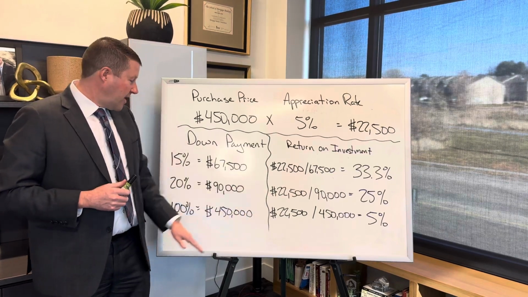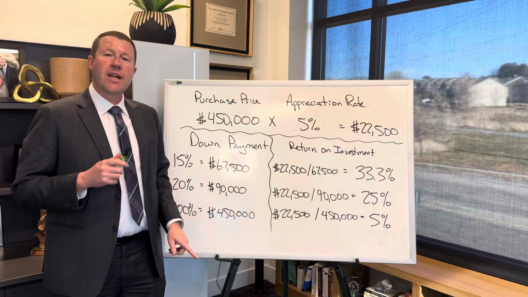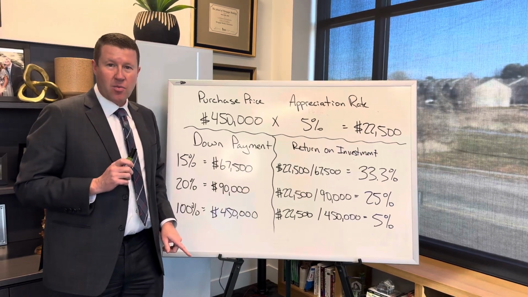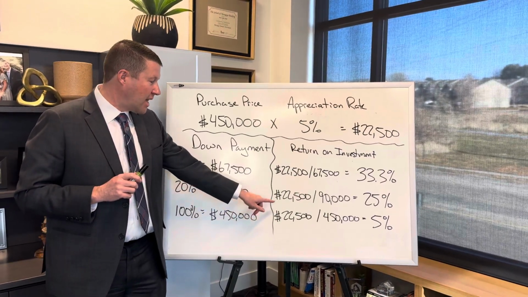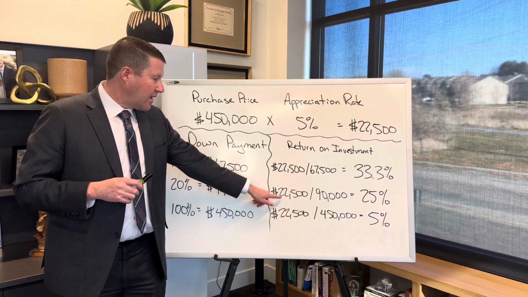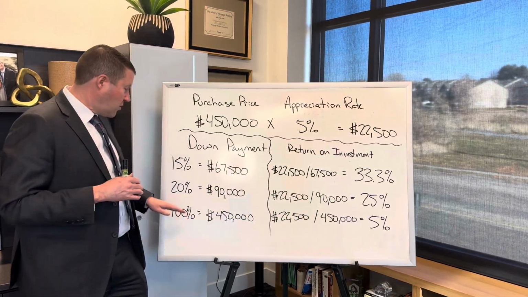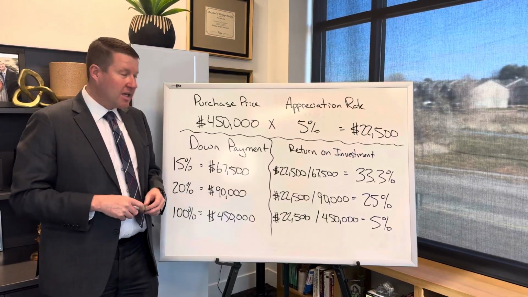The next level down here, this is the important part. Because you put more down does not mean that the home appreciated more. It would still appreciate at the 5%, based on market conditions. That could be variable, but at $22,500 divided into $90,000, so that would be your 20% cash deployment you put into that.